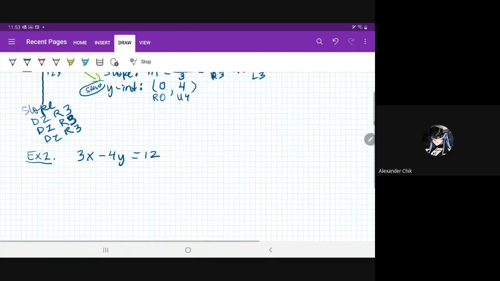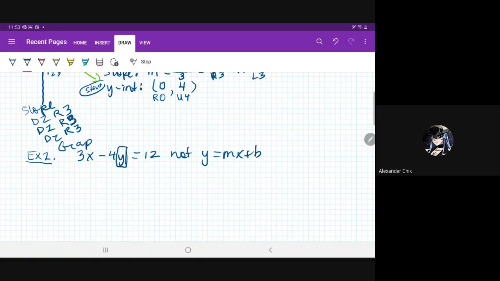Okay, so I'm not ready to do y equals mx plus b. So let's put not y equals mx plus b. What it's going to tell you is to graph the line, but you can also graph it with the intercept method, but that's not the method that we're going to be using. Usually when people want to graph lines, they do the way I'm showing you today.